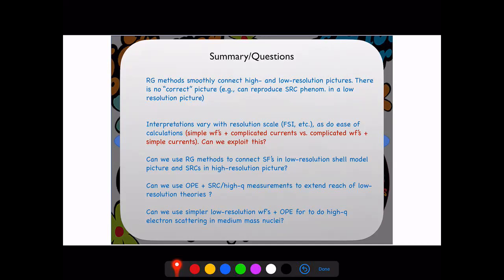Some of the statements that have appeared over the years, that low energy nuclear physics is missing this SRC physics and is therefore wrong, are really based on the fact that calculations have not always been done consistently, where you need to not only evolve your Hamiltonian, but you need to evolve your probes and everything that would come in to describe a reaction.